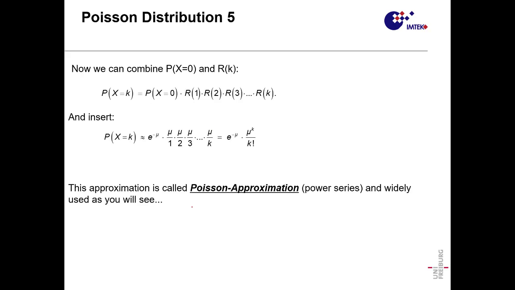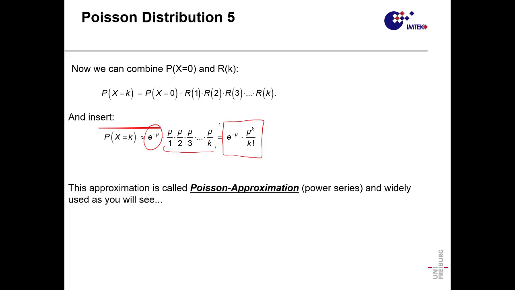And then you repeat that for all the combinations that you could have. And then you will have basically P0, which was the one that we calculated before, times all the ratios for k events that you could have, and then you end up with the formula for the Poisson distribution, which is exponential to the minus mu multiplied by mu to the k over k factorial.